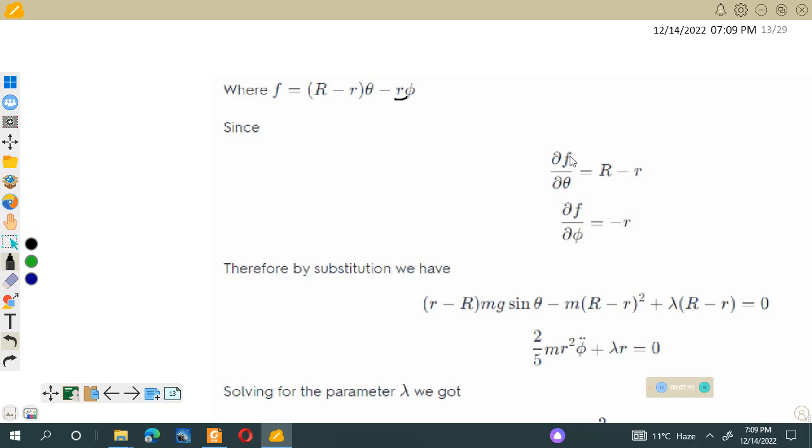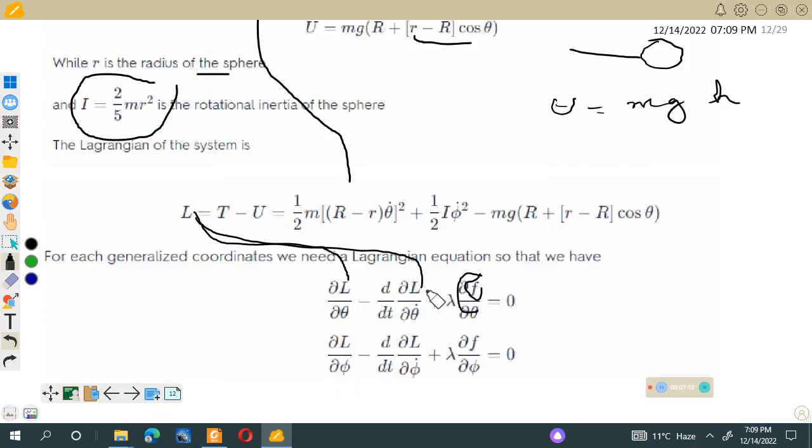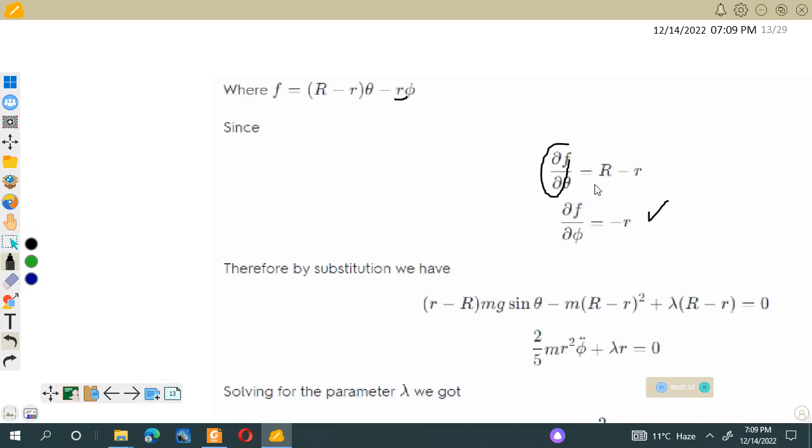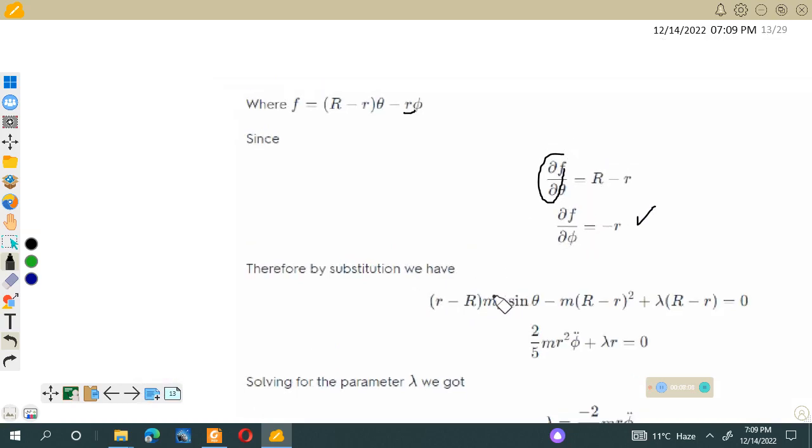So we will first differentiate with respect to theta, then with respect to phi, and then put in these equations. This and this will give the equation of motion for two variables, the first for theta and the second for phi.